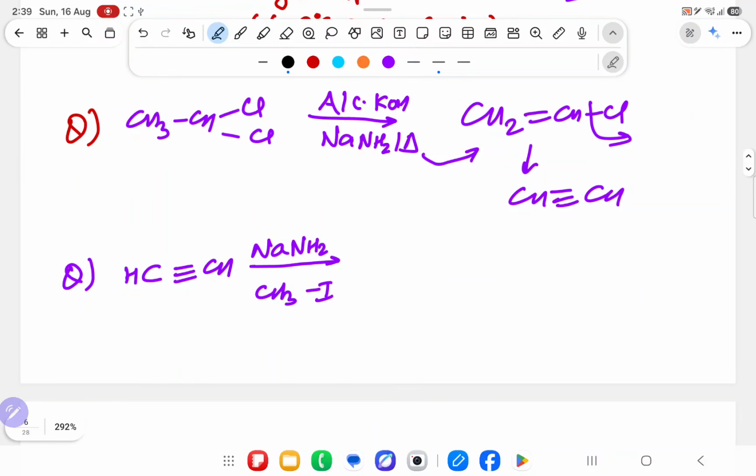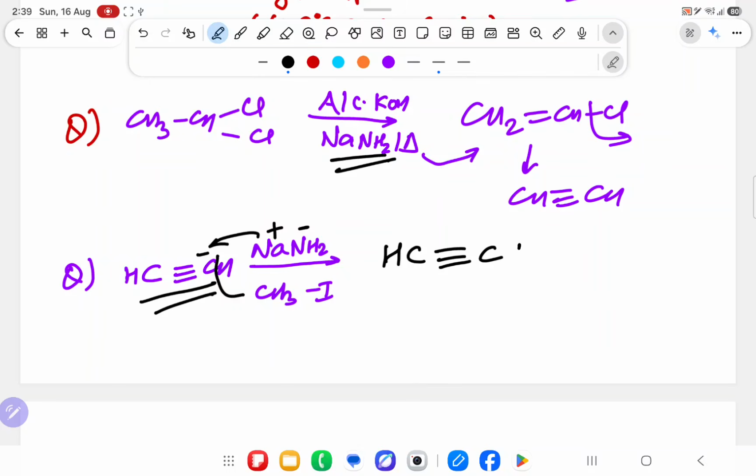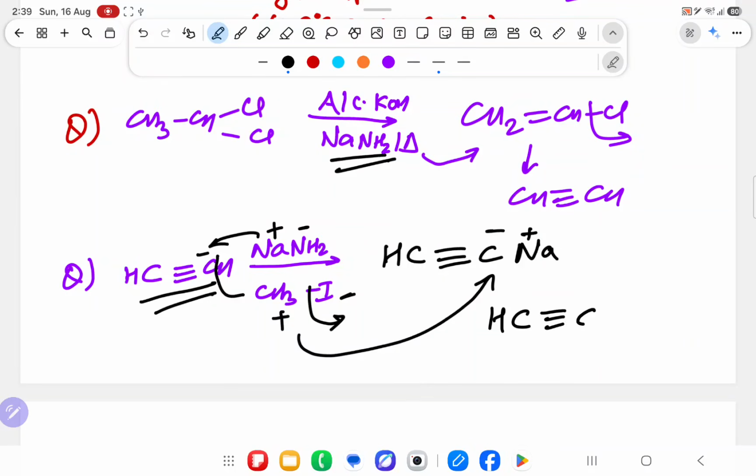But if NaNH2 is given over here with Cl, and here there is an alkyne, it will do an acid-base reaction. Why? Na plus, so one hydrogen will go from here and it will become minus, Na will attack, and it will become C triple bond C Na. Then CH3I will break as minus plus; it is already plus minus, then this will come here, C triple bond C CH3. So NaNH2 has two roles. Either it will do an acid-base reaction or it will remove Cl.